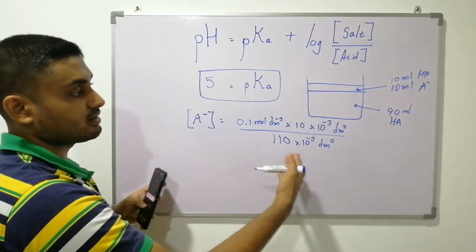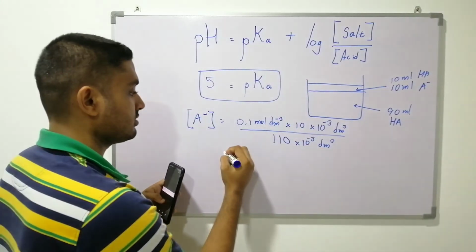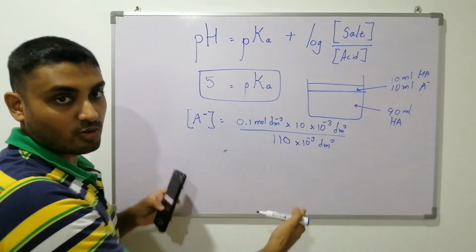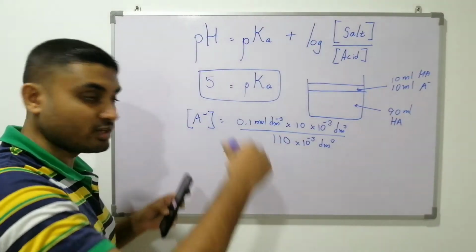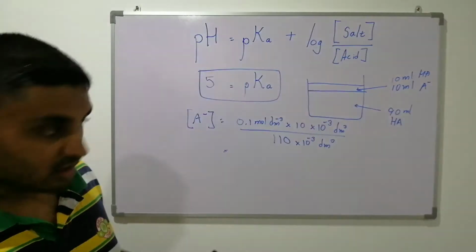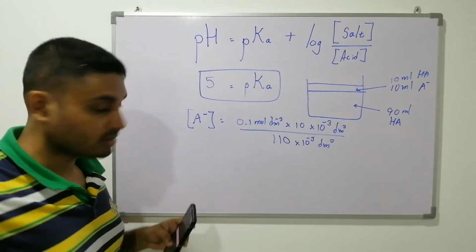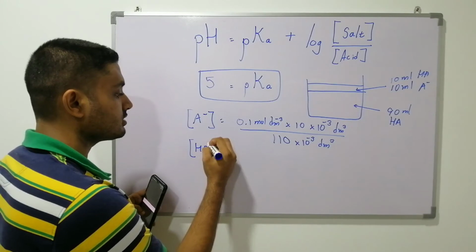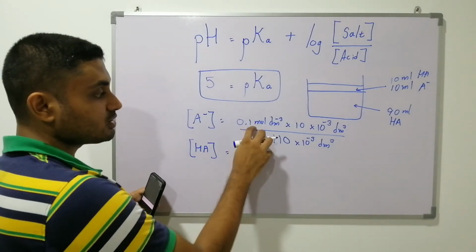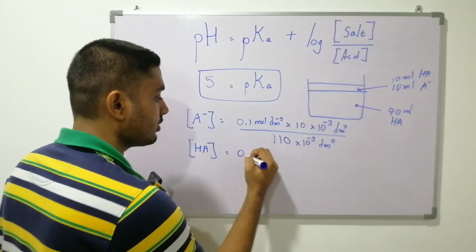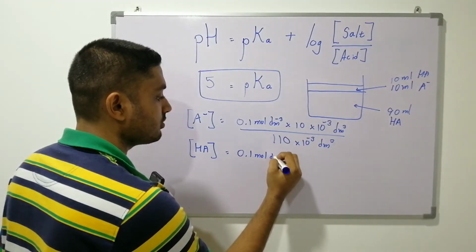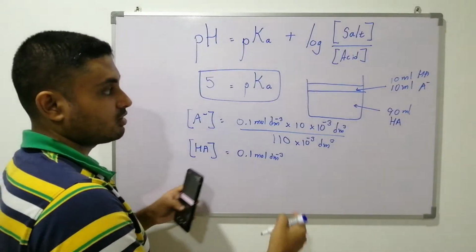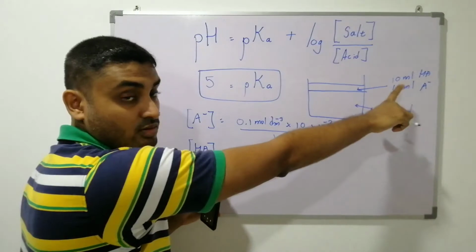So what will you get? I mean, this is a long calculation, right? So we don't have to actually solve this. I will show you the actual HA concentration. That is also 0.1 moles per decimeter cube, which is coming from the buffer.